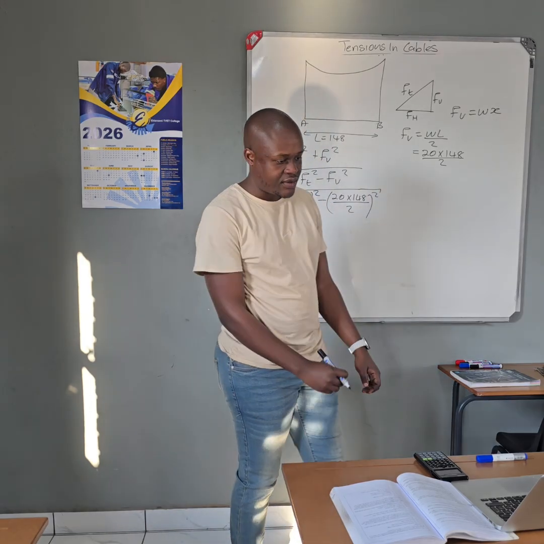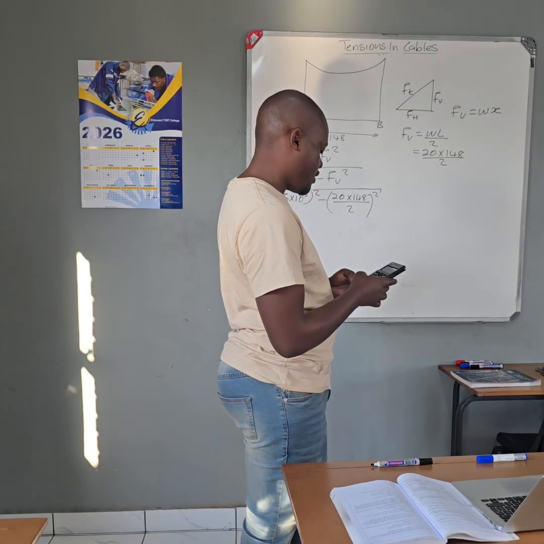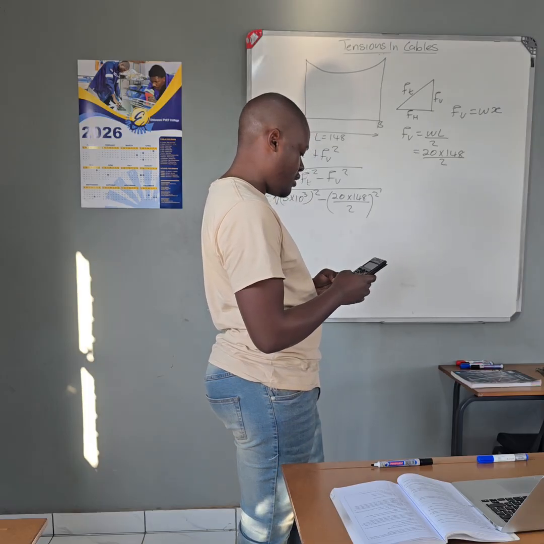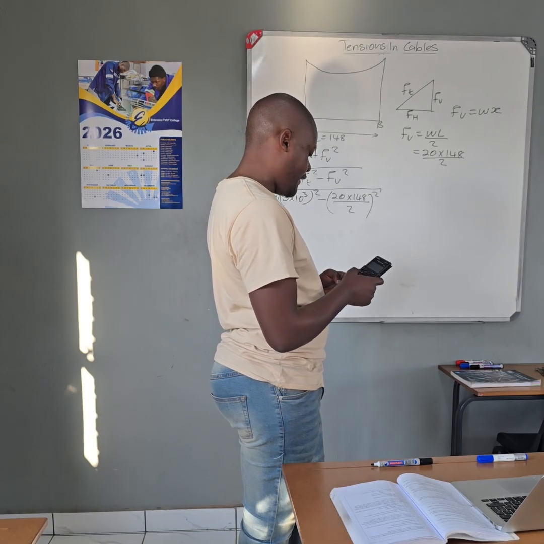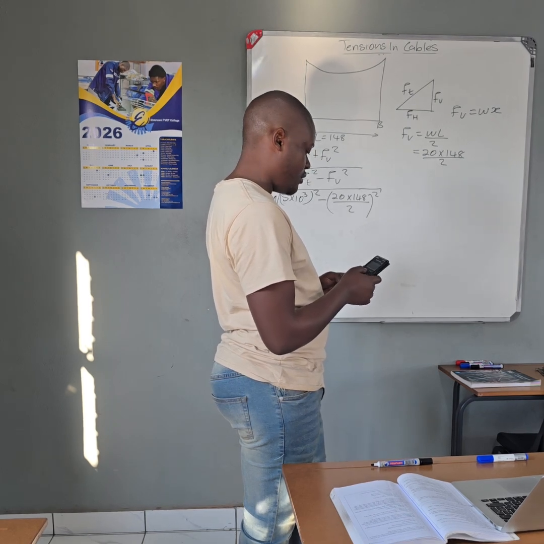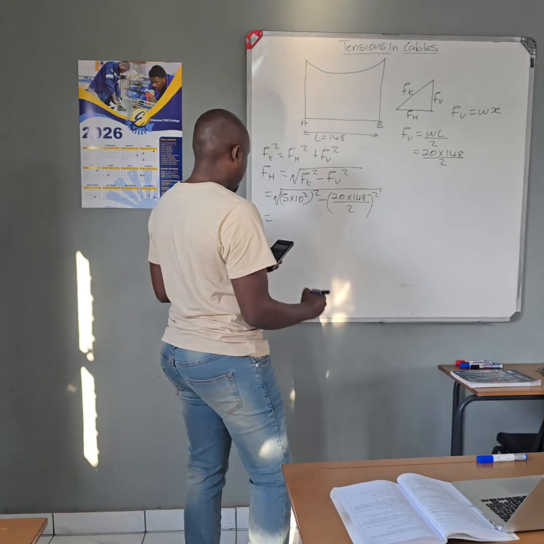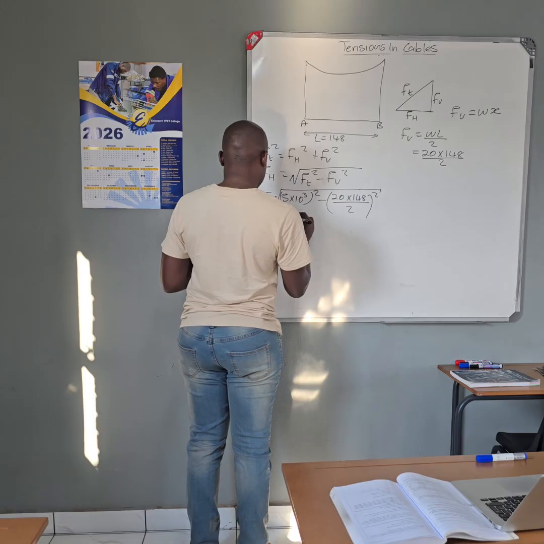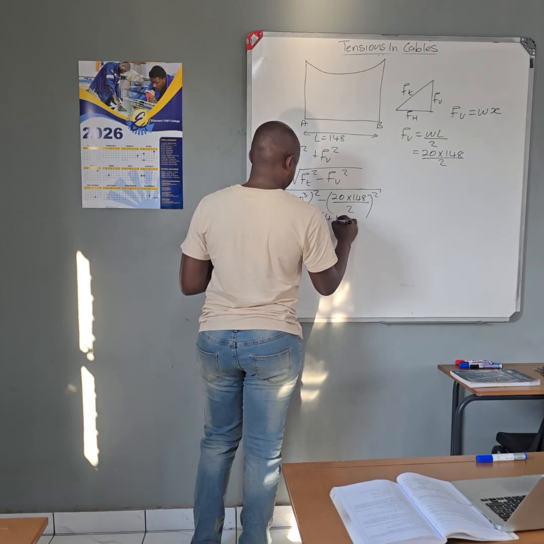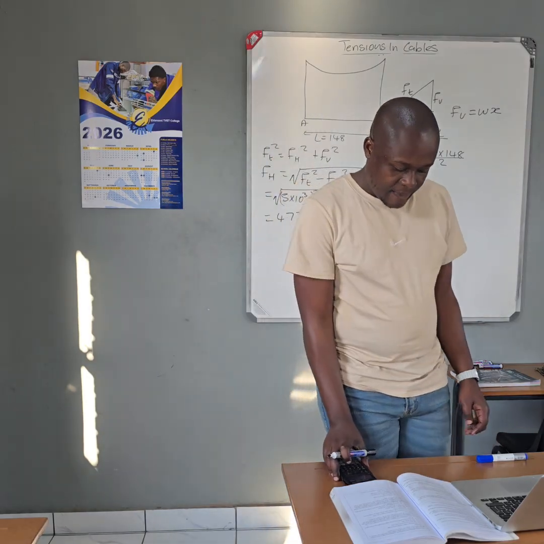And here you are going to get the root of 5 times 10 to the power of 3, all this squared, minus 20 multiplied by 148 divided by 2, this squared. You get FH is 4775.994 newtons.